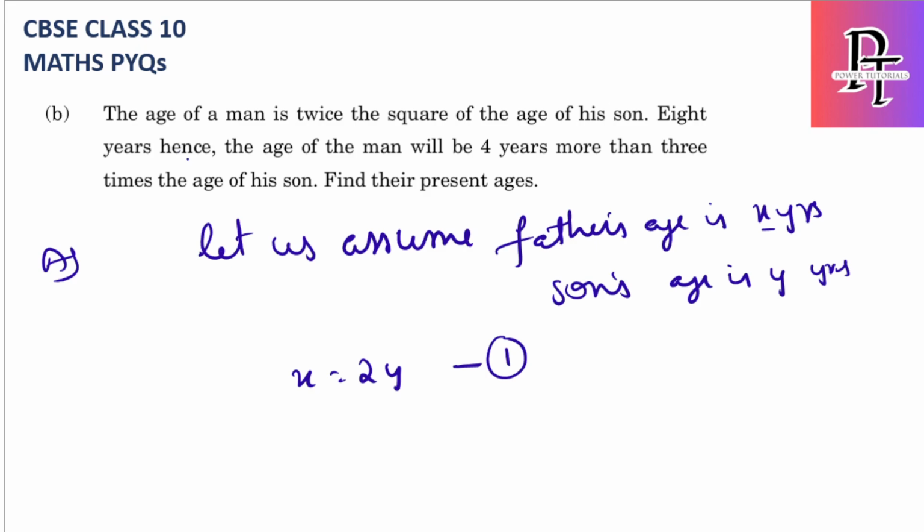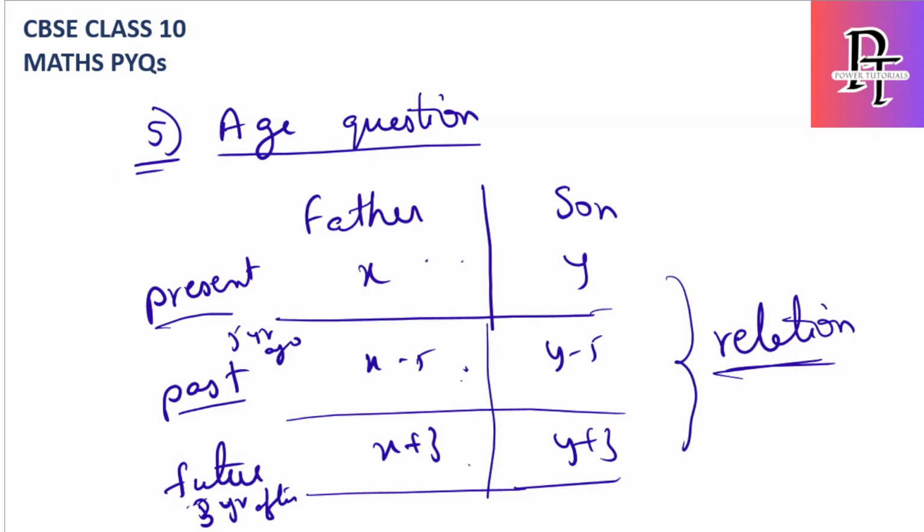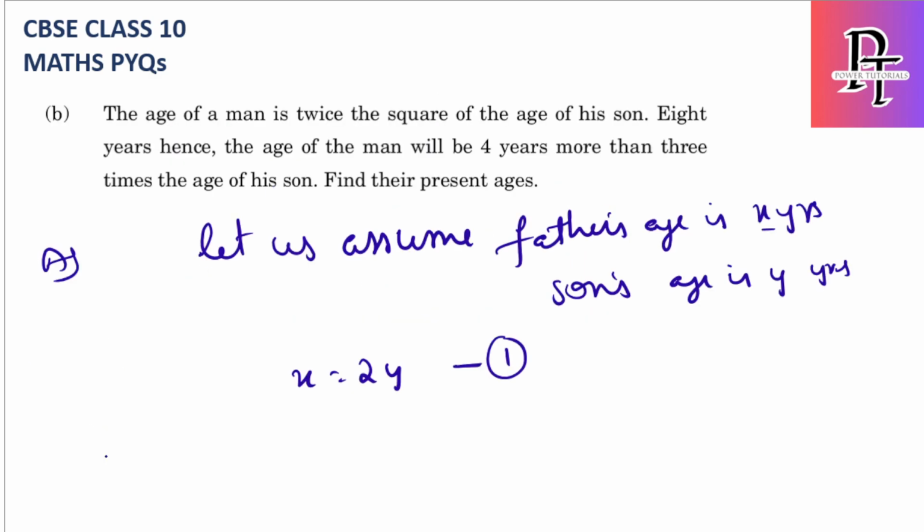Next, 8 years hence, hence means after. Okay, 8 years hence, the age of man will be 4 years more than 3 times the age of son. If I consider the future tense, we have to add the values. So after 8 years, what happened to the ages? The father's age becomes x plus 8, the son's age becomes y plus 8.